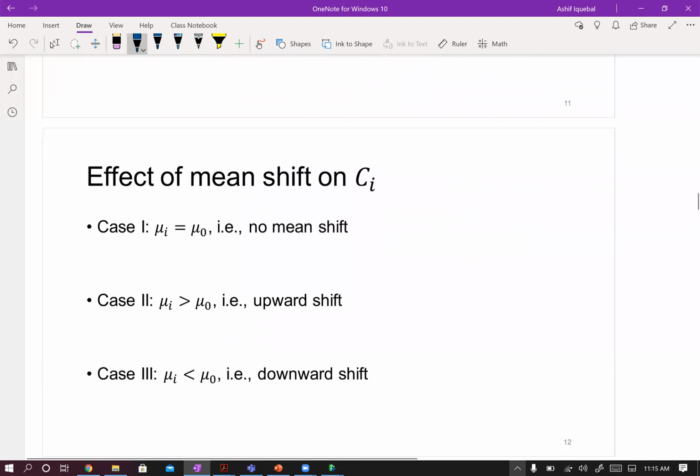The first case is if there is no mean shift, okay? The process remains in control and there's no mean shift. If there's no mean shift, mu I will be equal to mu naught, and I can write down expected value of Ci equals expected value of Ci minus 1 plus mu naught minus mu naught, right?